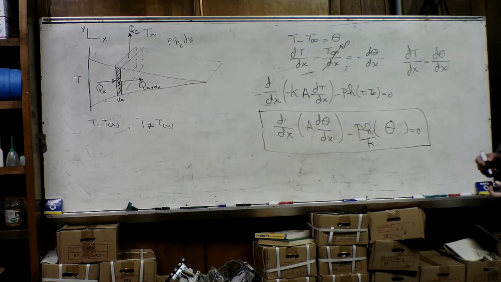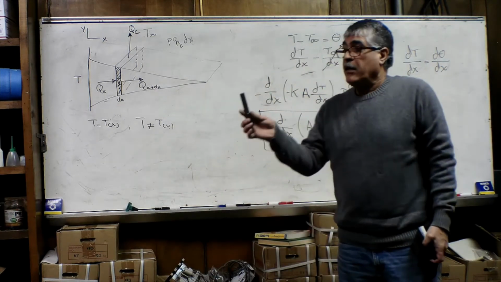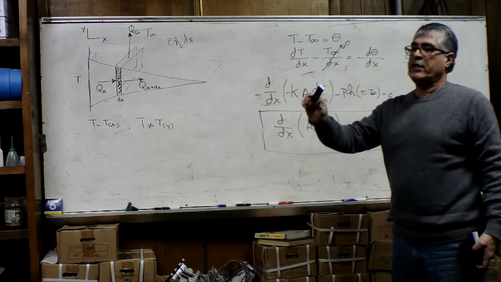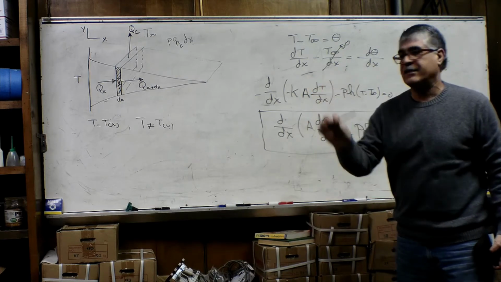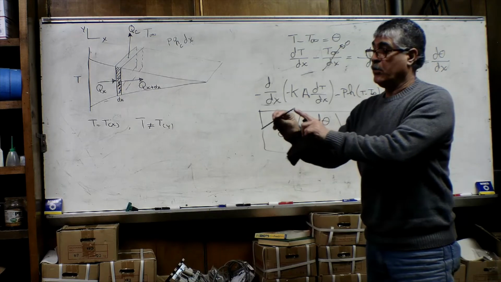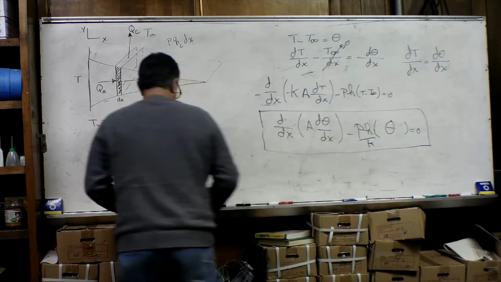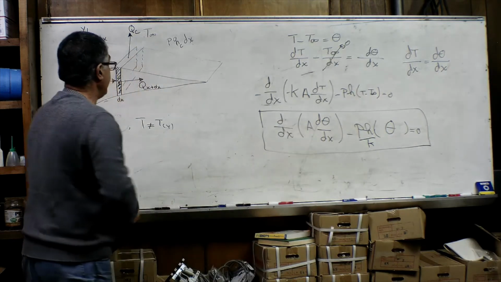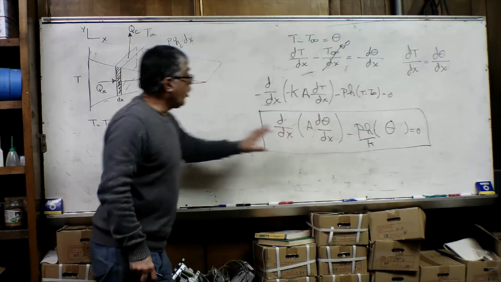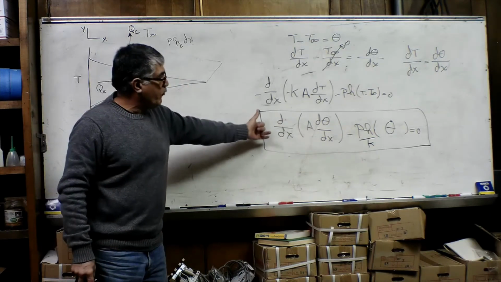Now in this case, if we buy in Home Depot a slab like that, let's say if we want to use this as a fin, the cross section is uniform, so the cross section is constant all over. So in this case, this is in a case that our cross section is not uniform. So this is a general formula.